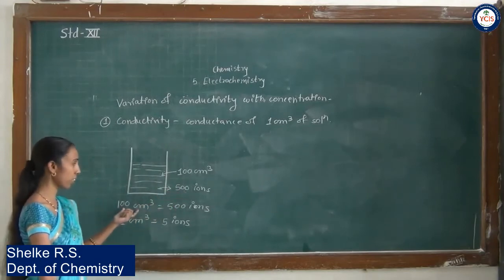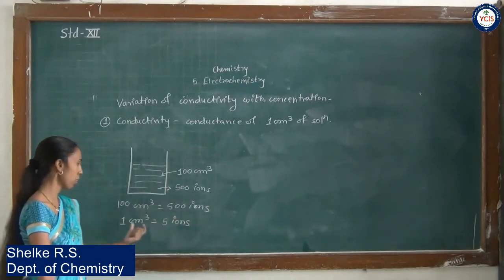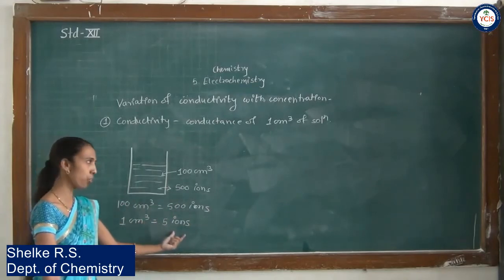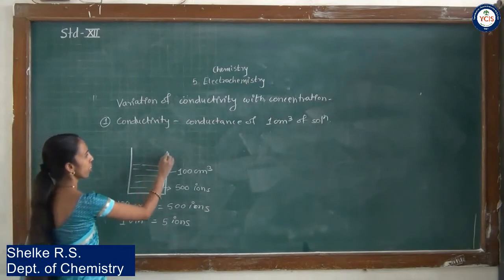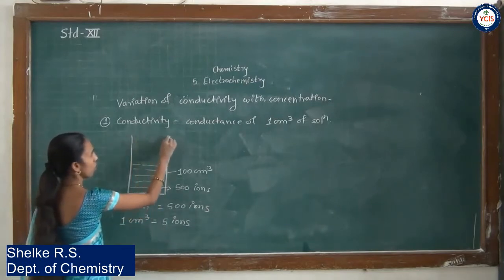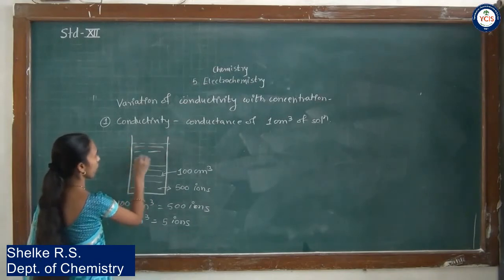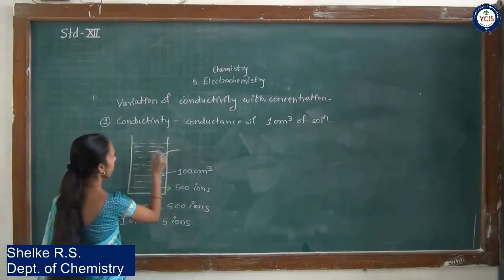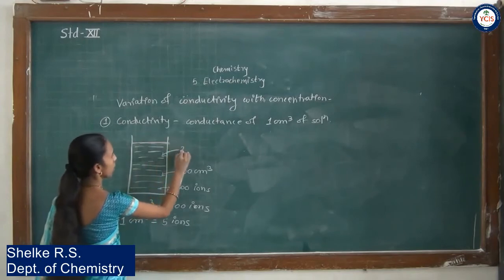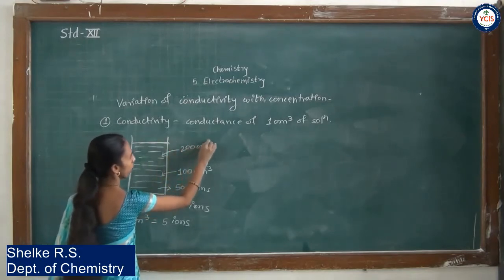Now if 100 cm³ will contain the 500 ions, 1 cm³ will contain 5 ions. Now suppose you increased here volume, means you diluted this solution up to the 200 cm³. Okay. You increase the dilution and this volume now becomes 200 cm³.